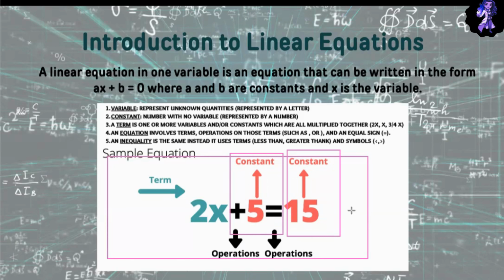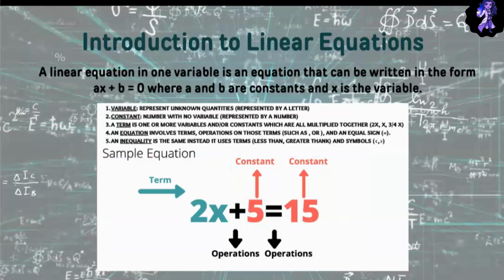Usually they're separated by what's called an operation. So an operation is a symbol such as an equal sign or a plus sign or a minus sign. These are all forms of operations, and they separate constants when it comes to equations.